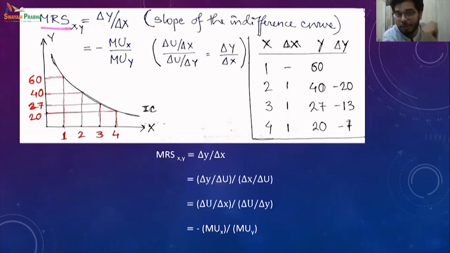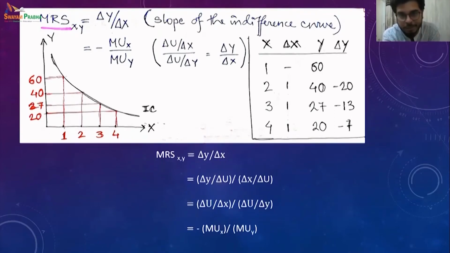It is also measured as the ratio of marginal utility of x divided by marginal utility of y, when it is x comma y. It is basically delta y, the change in y with respect to the change in x. But whenever you are talking about marginal utility, it will be marginal utility of x divided by marginal utility of y, just the opposite, right? Marginal utility is nothing but delta u by delta x, the change in total utility for 1 extra unit of x, divided by the change in total utility for 1 extra unit of y.